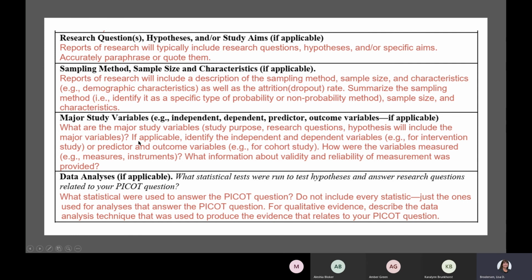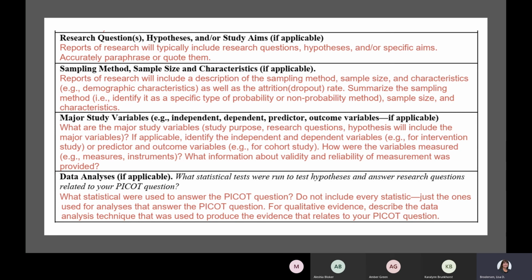So you have to think about that carefully when you're reviewing the study methodology and identifying the major study variables. And you don't have to include every single variable in this section. Mainly you want to include the variables that relate directly to your PICO question. So if it's an intervention study, then you should identify the independent and dependent variables.